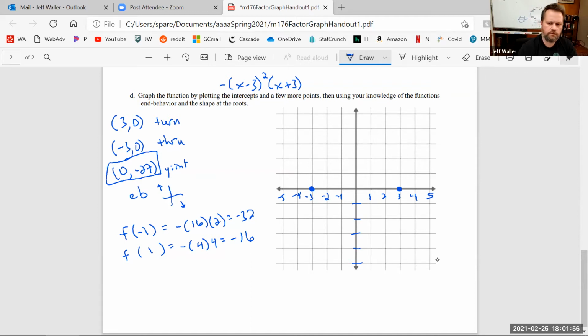Yeah, all right. I don't know. What did you guys use for your y-axis scale? Anybody?